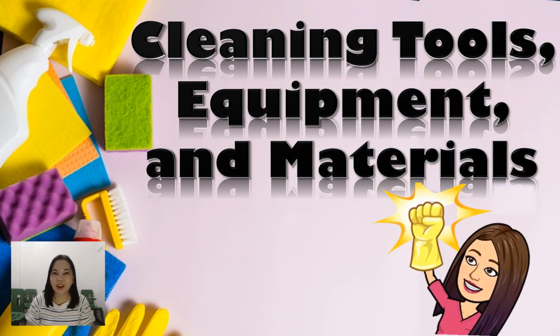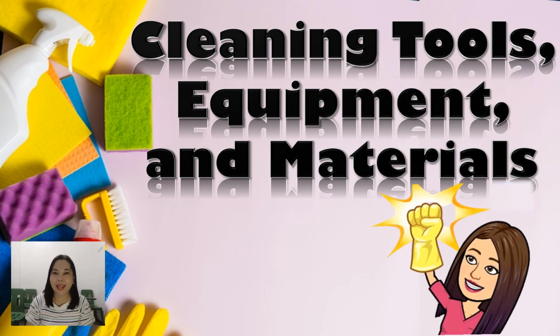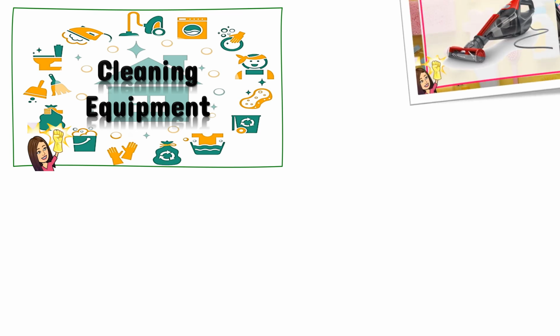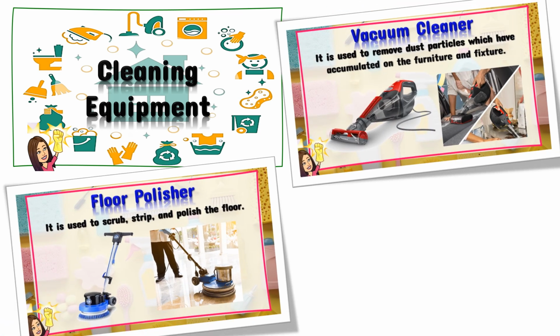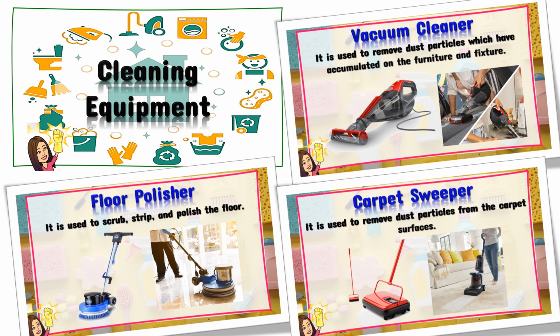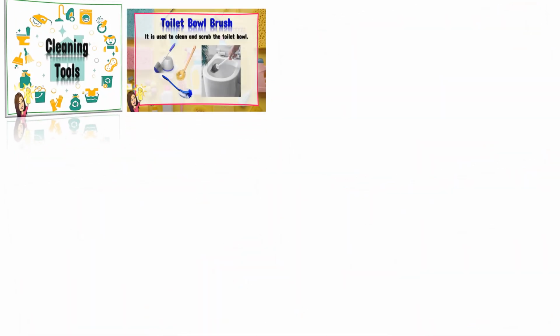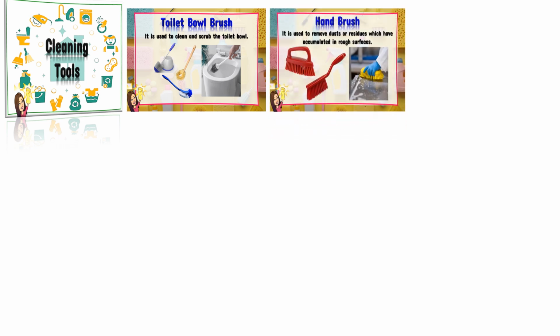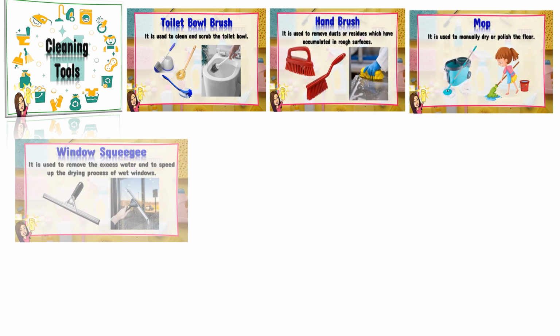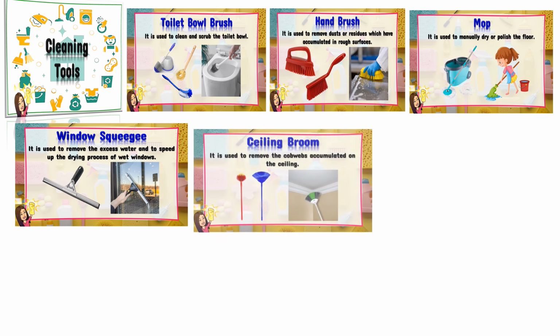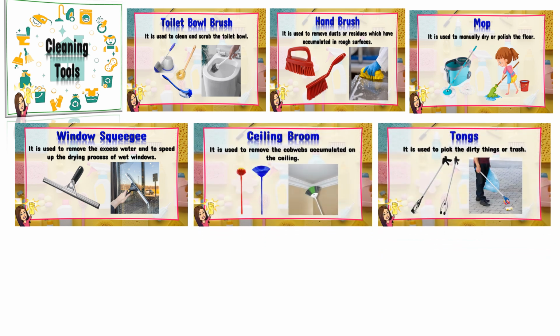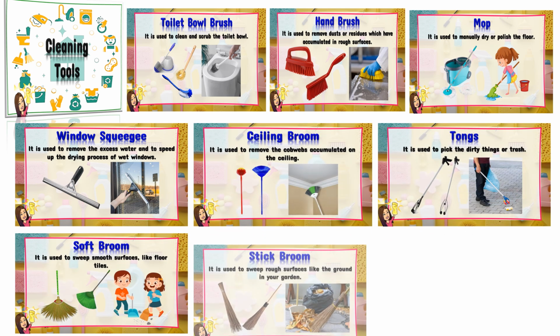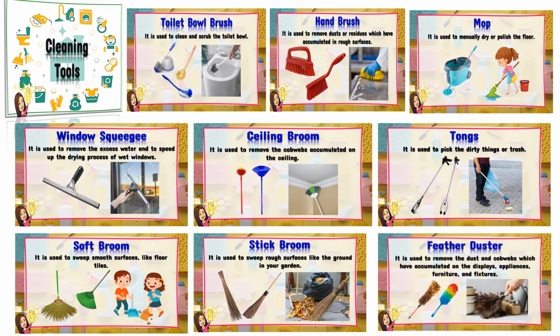Once again, these are the cleaning tools, equipment, and materials. Cleaning equipment: vacuum cleaner, floor polisher, and carpet sweeper. Cleaning tools: toilet bowl brush, hand brush, mop, window squeegee, ceiling broom, tongs, soft broom, stick broom, and feather duster.